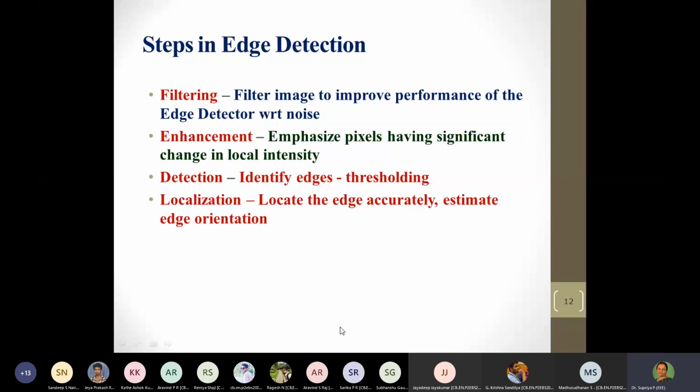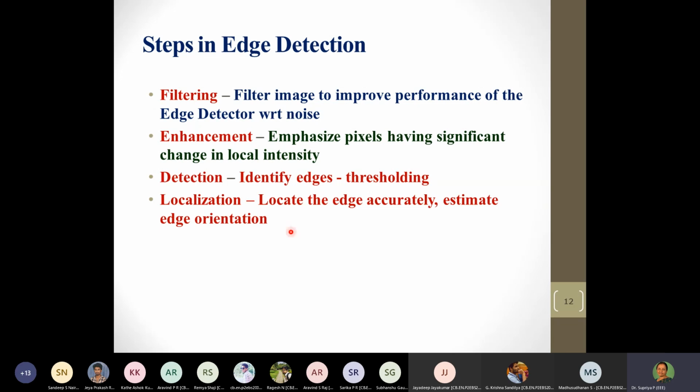Localization is another process that we need to do in edge detection in order to identify the edge correctly, and more importantly, the edge orientation or edge direction is required, and for this we go in for localization. The detection and localization methods we will cover after we complete the various edge detection methods.